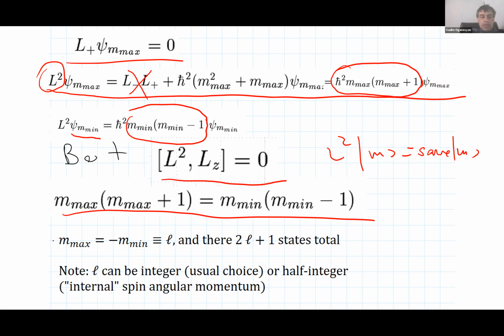And from here, we can deduce that m max and m min are just related. They're basically the same thing up to a sign, and we can count the total number of states. Now, at this point, I think it was Paul Dirac who realized: what is the constraint here?